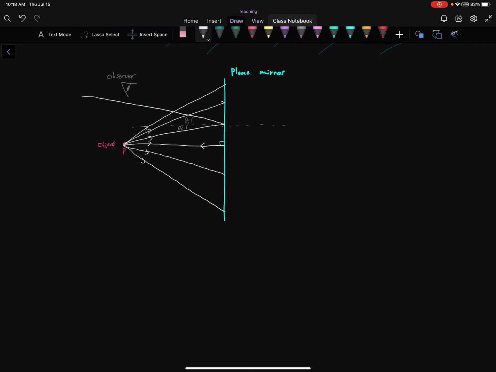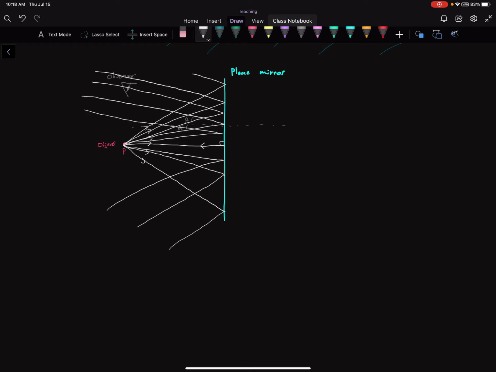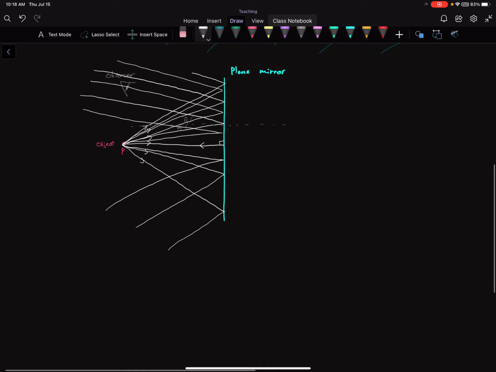To the best of my drawing ability, we're going to get this kind of a reflection image. And down here, same thing, and you could draw maybe a couple more just to show the point. All right, so that's what that's going to look like. They're going to reflect off according to the law of reflection.